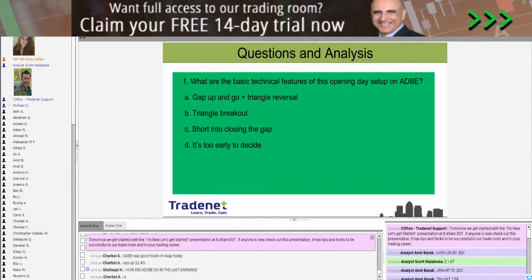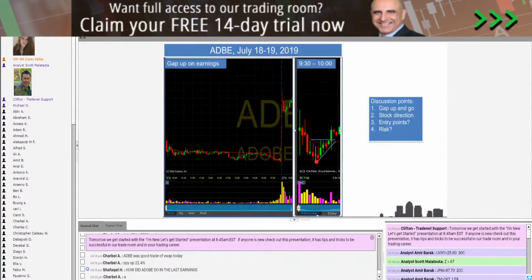We can see the higher lows on the leg up: low, higher low, higher low, higher low. Maybe there's a breach here, but overall it's a higher low situation into the triangle breakout. Clear, guys? Can I continue?